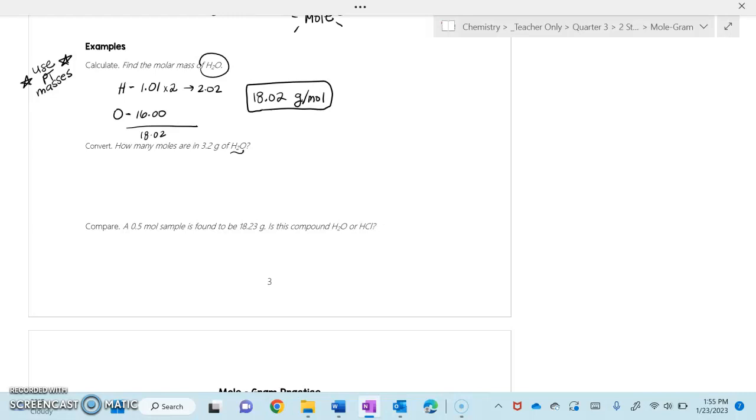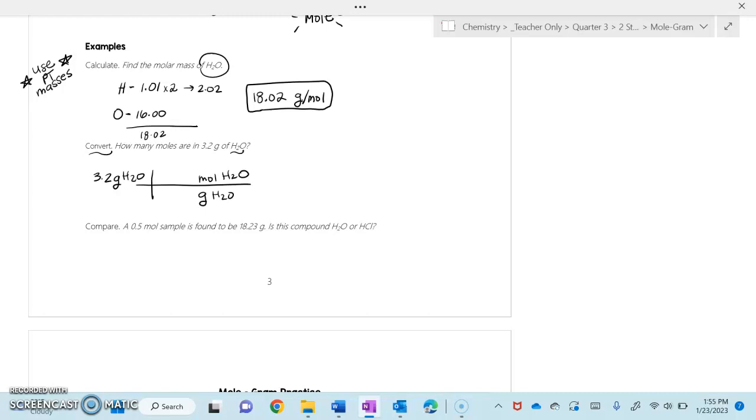So again, let's clean out the cobwebs a little bit on conversions. Whenever we are converting, we want to start with the given. And then we'll draw our little train tracks. And then we are going to use molar mass as our conversion factor. This is just going to be a one-step conversion factor. Grams of water to moles of water.